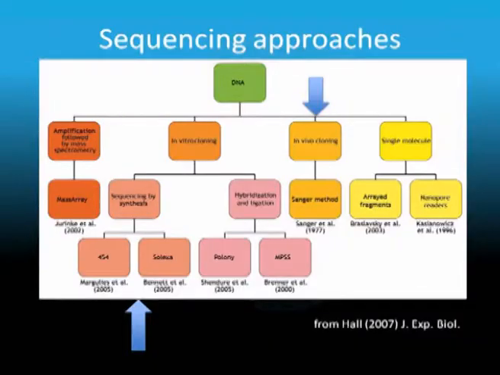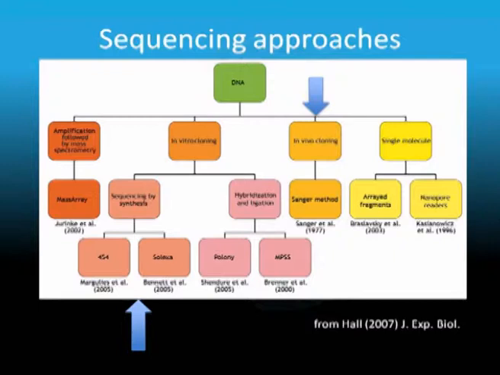This is a very brief chart on sequencing approaches, so I won't go into detail on this. Just to tell you that until 5 years ago, most sequencing was done with the Sanger method, the typical one. Now we have the high-throughput techniques, of which the most popular are these ones. You have other ones as well.